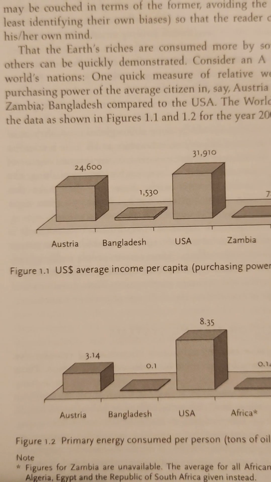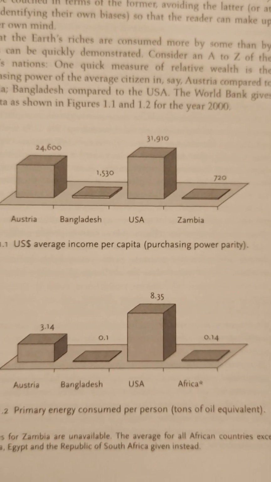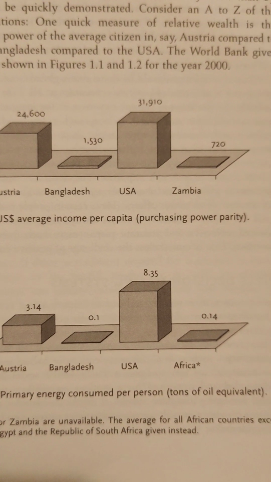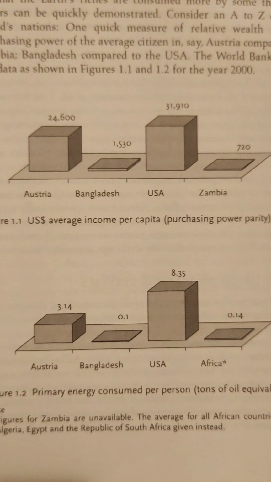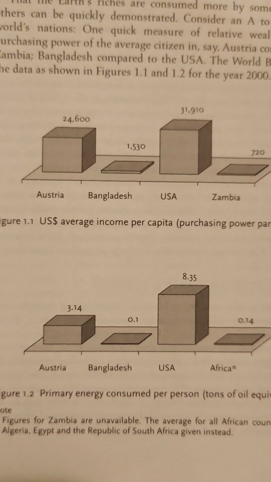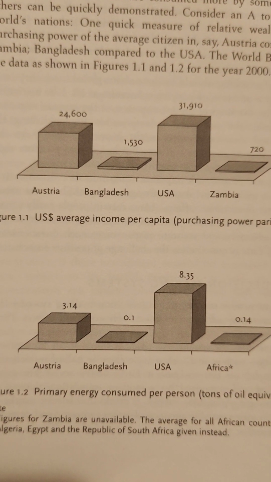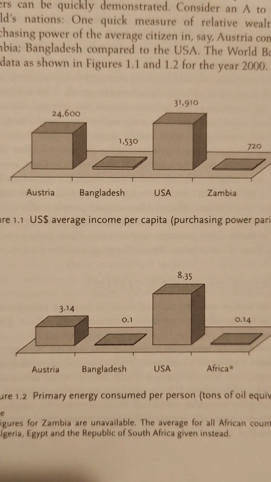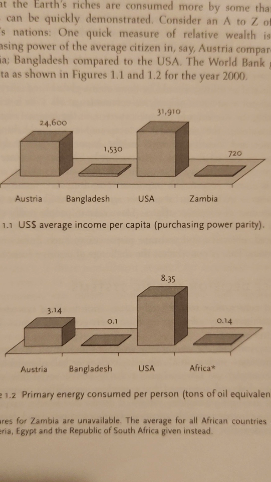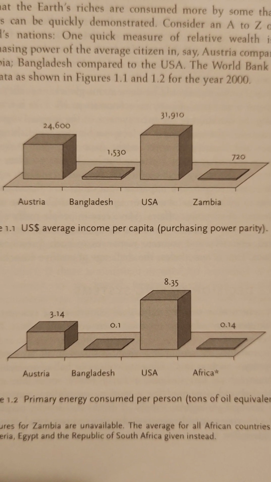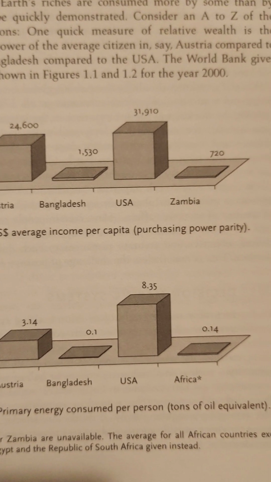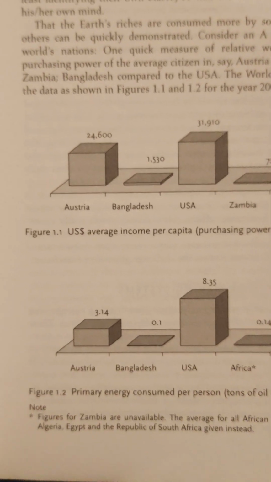So who's rich, who's poor. And another way is primary energy consumed per person, tons of oil equivalent. So again, A to Z, Austria, Bangladesh, USA, and Zambia, and Africa, sorry. So here you have Austria 3.14, Bangladesh is 0.1, USA is 8.35, and Africa is 0.14.